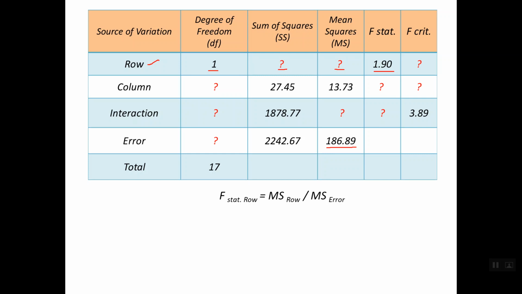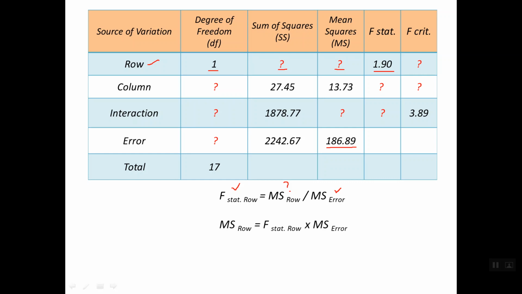So the value of F for the first row is known, it is 1.90, while the mean square for this factor is missing, and the mean square for the error is known, it is 186.89 inside the table.